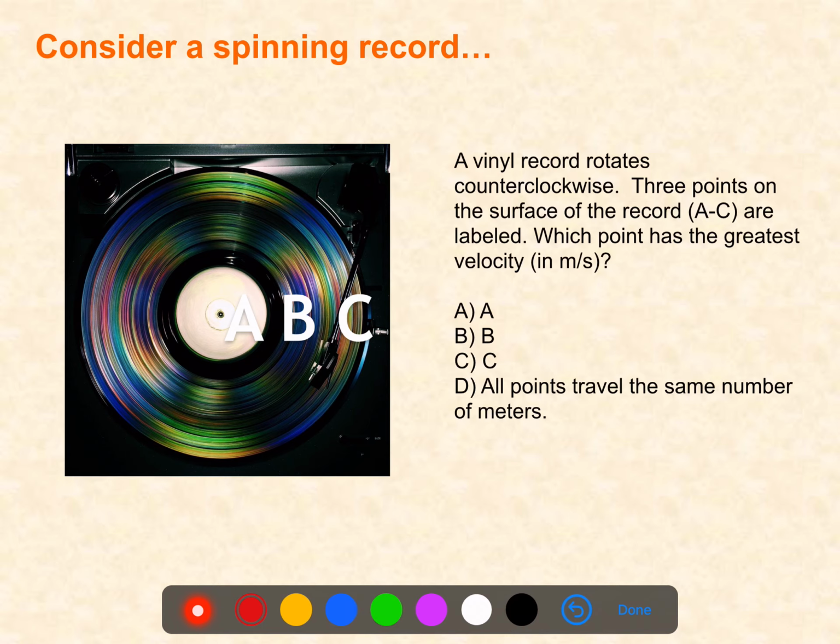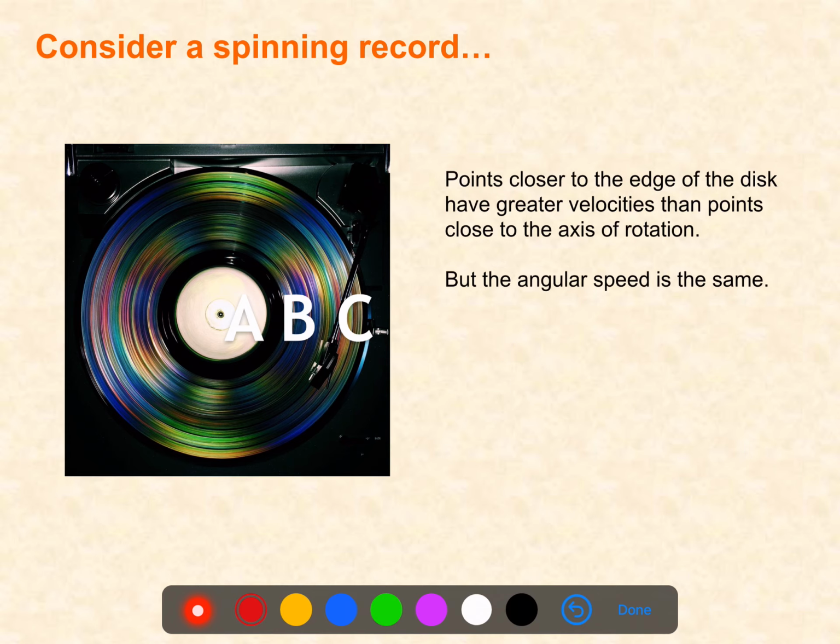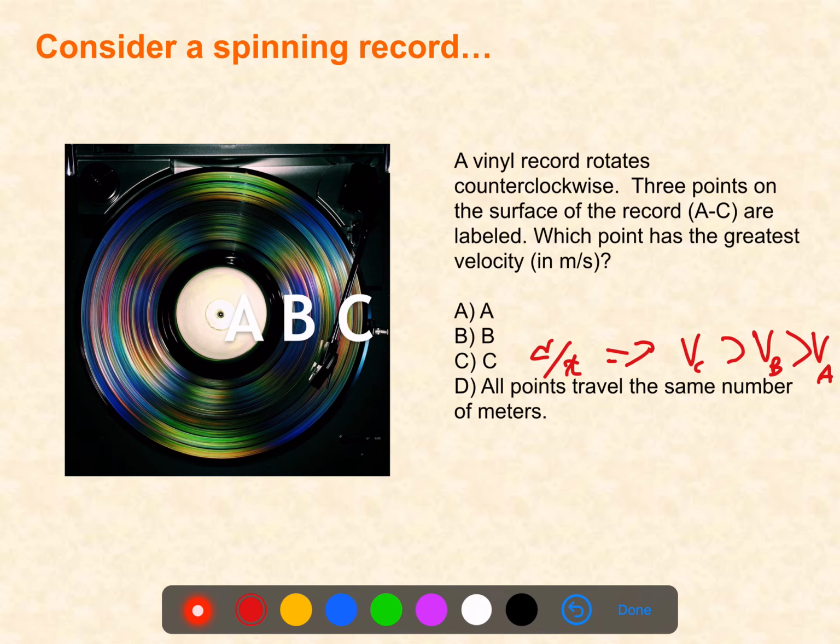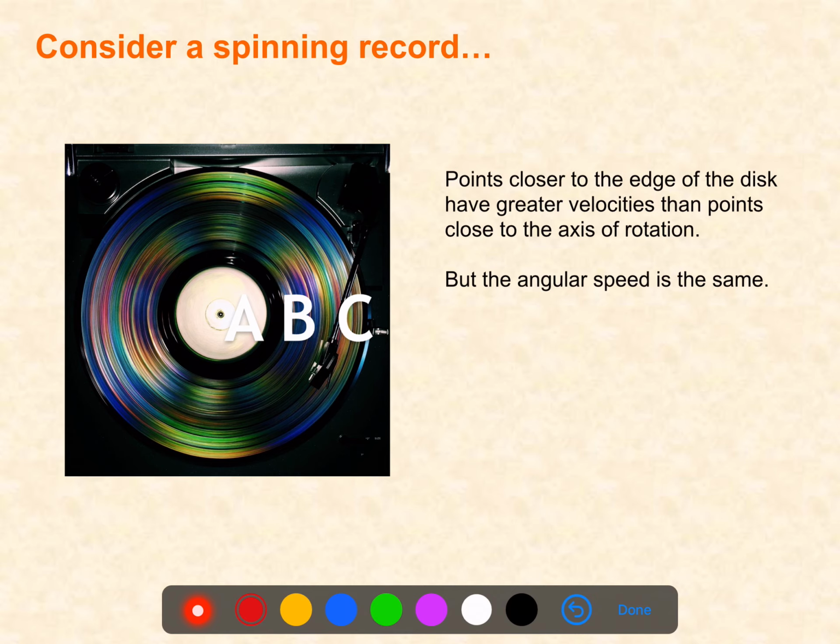Well, if one of the points travels farther, then distance divided by time would imply that the velocity of C is going to be greater than the velocity of B, which is going to be greater than the velocity of A. Yet, even though how we traditionally measure velocity, distance divided by time, tells us different speeds, we also know that the angular speed, the speed with which the thing is rotating, must be the same if they all return to the same spot at the same time.